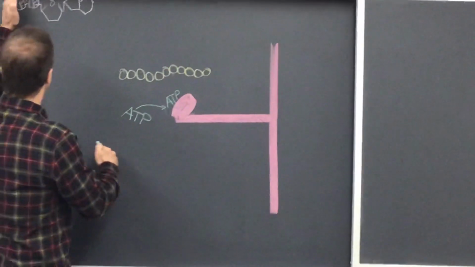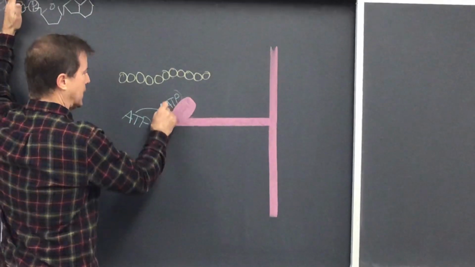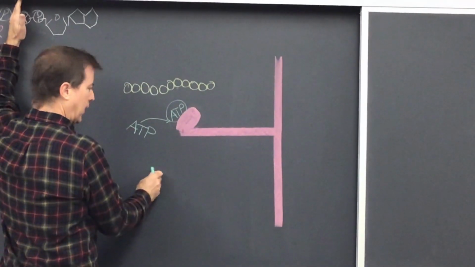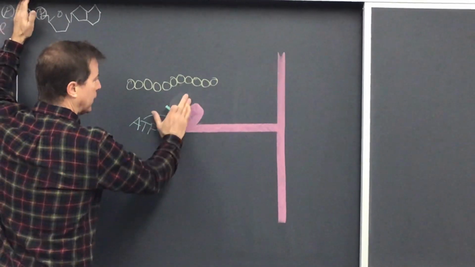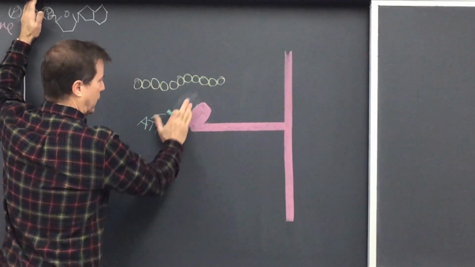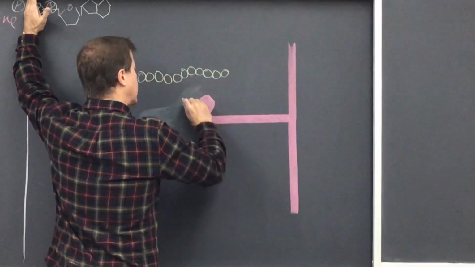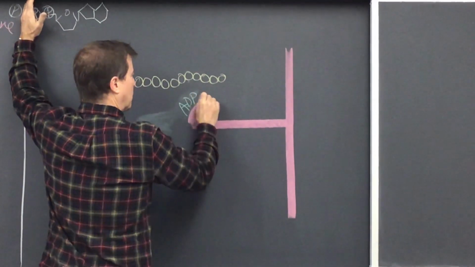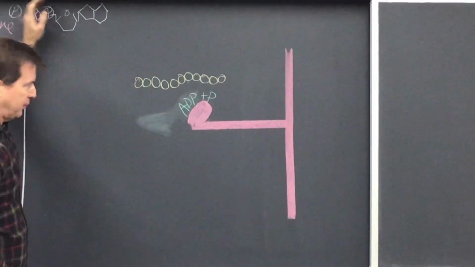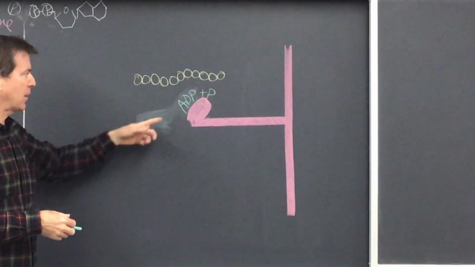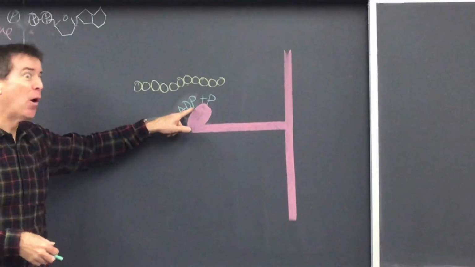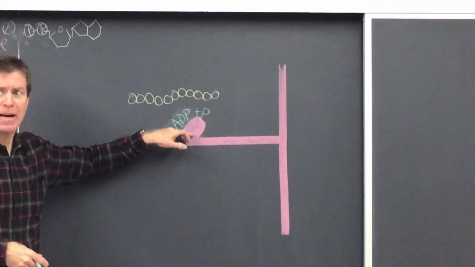If we cleave this terminal phosphate on this ATP molecule, what we end up with, as we stated earlier, is ADP plus P. There it is. We just broke that terminal phosphate off of the ATP molecule. Both of them are still attached to this myosin head.